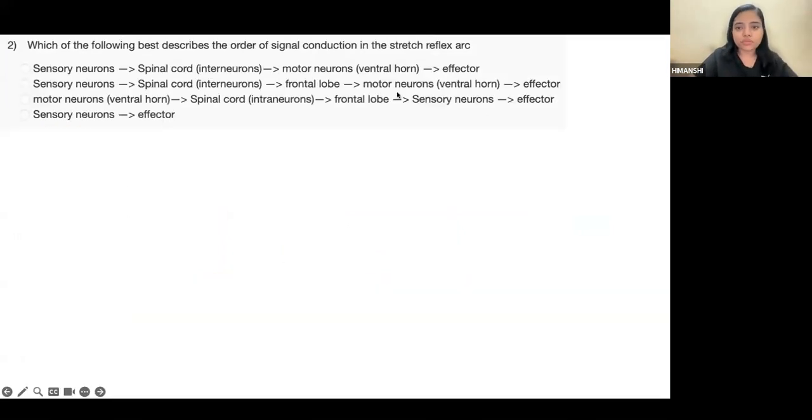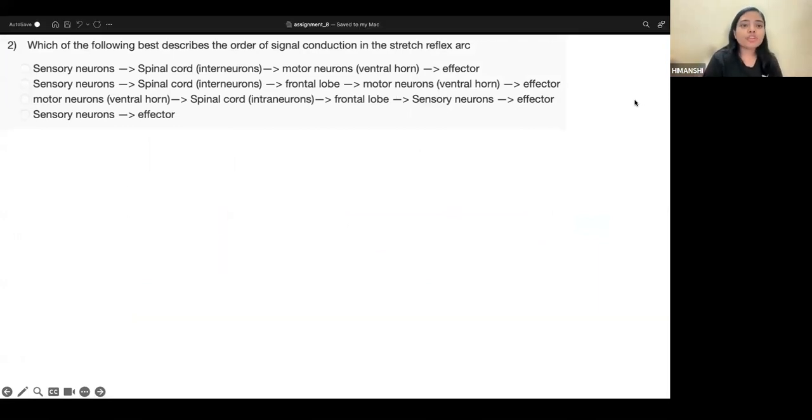Okay. So for us, the second question for today is, which of the following best describes the order of signal conduction in the stretch reflex arc? Is it sensory neurons, to spinal cord, to motor neurons, and finally to the effector? Or is it sensory neurons, spinal cord, frontal lobe, motor neurons, and then finally to the effector?